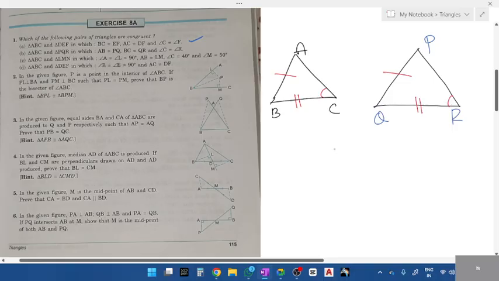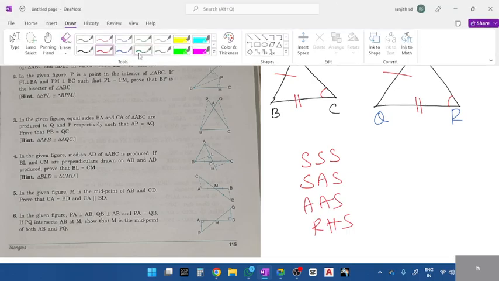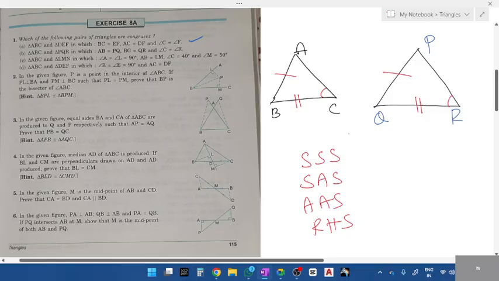Okay, what are the criteria we have? Tell me the criterion: side, side, side? RHS. Okay, fine. Now we have four.